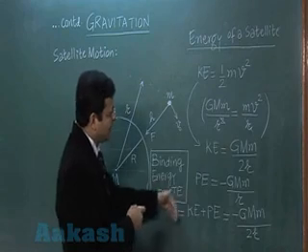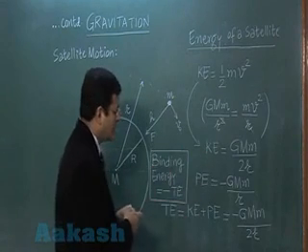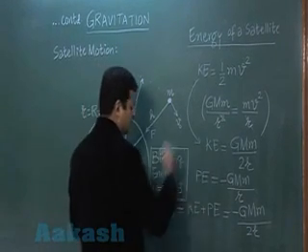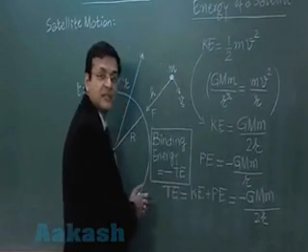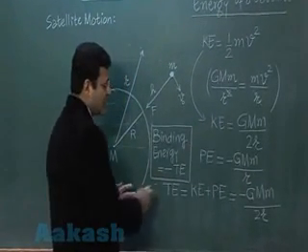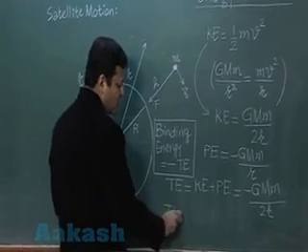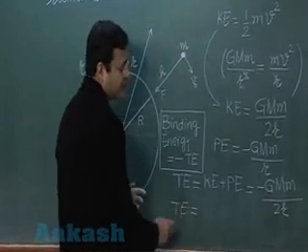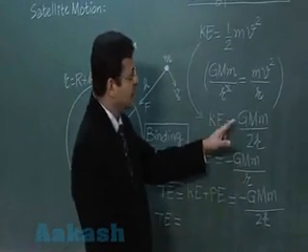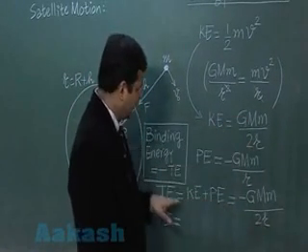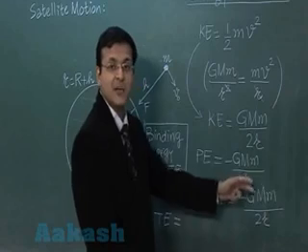Now if you compare these energies, you will find there is some relation between all these three types of energy which you have written. You can see that this total energy is just the negative of the kinetic energy. You can see here it is GMm upon 2r, but the total energy expression is minus GMm by 2r.